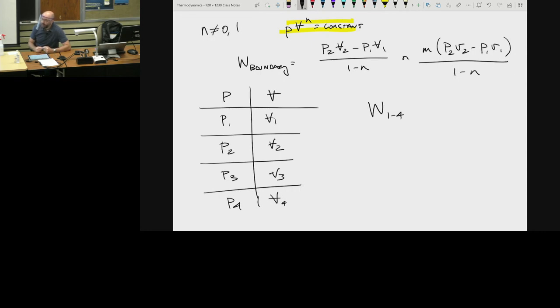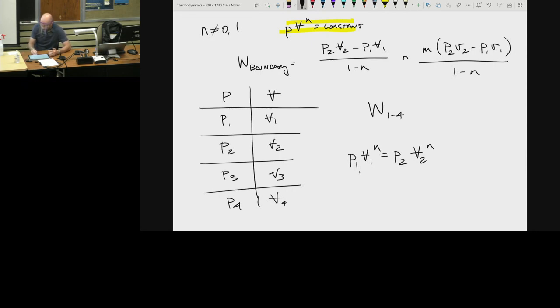And so you're going to have to figure out what the exponent is, because I haven't told you what the exponent is here. So you're going to set two of these pairs and say P1V1^n is equal to P2V2^n, and you're going to solve for n because it's the only unknown there. And you're going to have to remember how to use logs, and how to use your calculator to use logs.